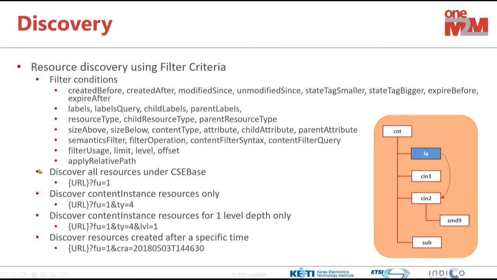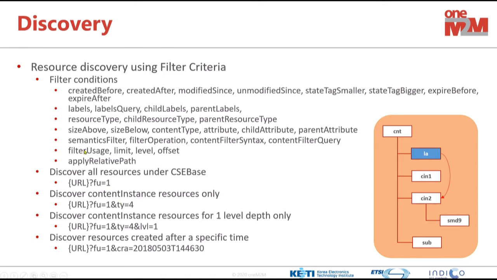And the other bullets are an abstracted HTTP example for the discovery. And you are looking at some short names again, like the filter usage, fu equals 1, means I am using these filter conditions for the discovery. That's the explanation for fu equals 1.